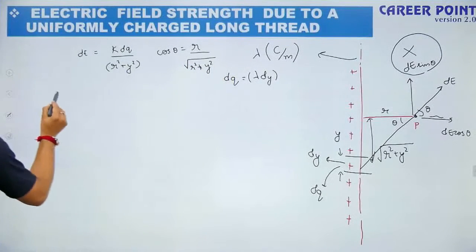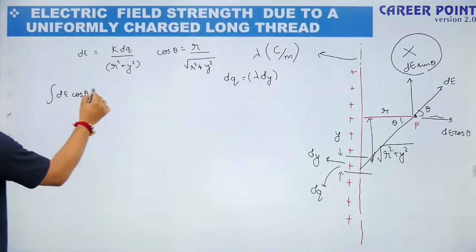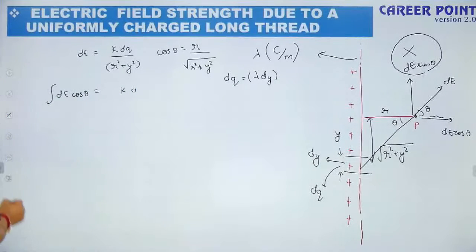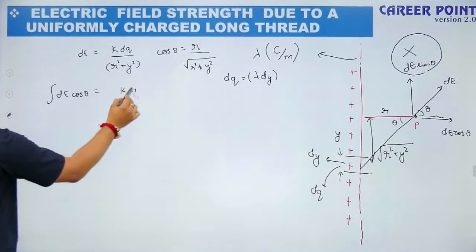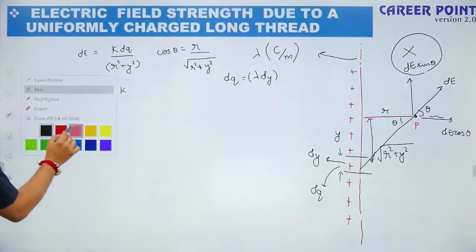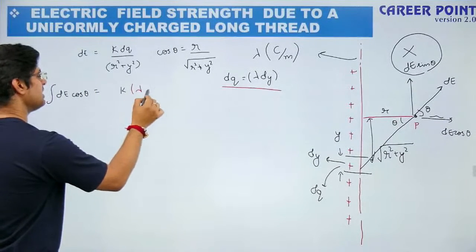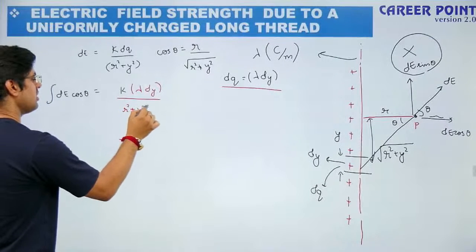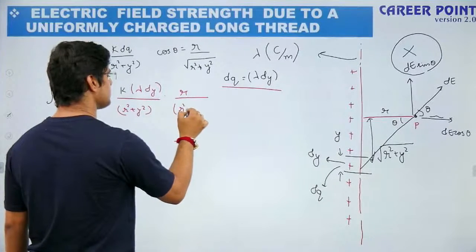So in that case, the integral of dE cos theta equals k dq. Instead of dq I am writing lambda dy. So k lambda dy, that is dq, divided by r square plus y square, into cos theta, that is r upon under root of r square plus y square.